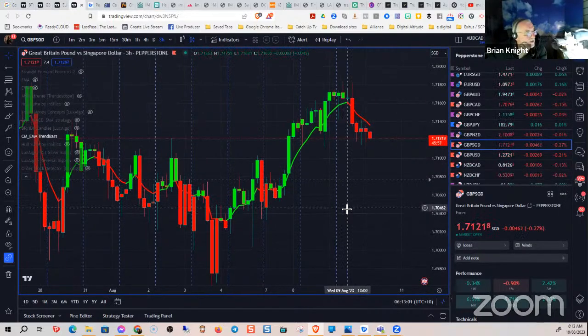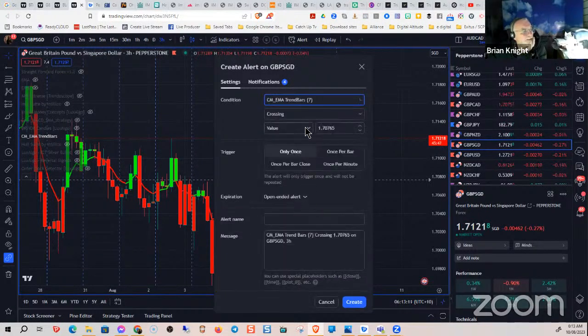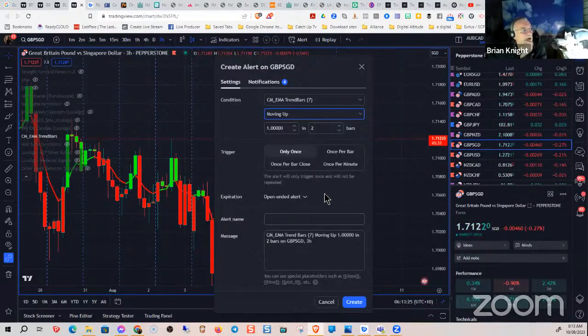I haven't actually set it, but if you look at that, this one, the trend bar, you've only got crossing, moving up or moving down. I don't know if they relate to the colors. It probably is. Let's put one on.